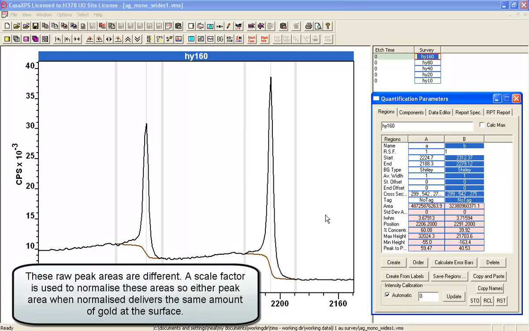And if I were to use the area of this larger peak, let me just illustrate where that is.